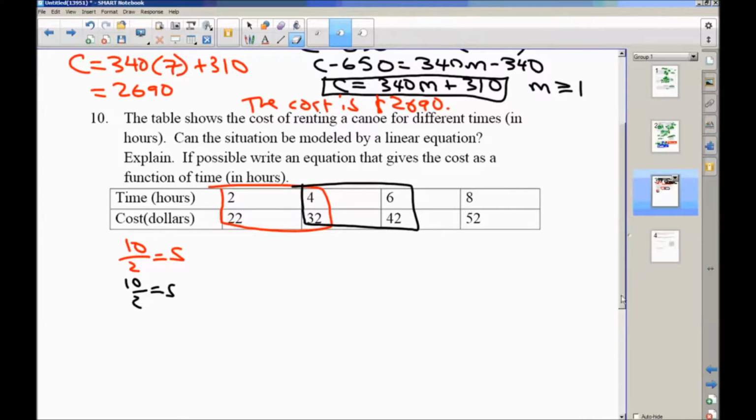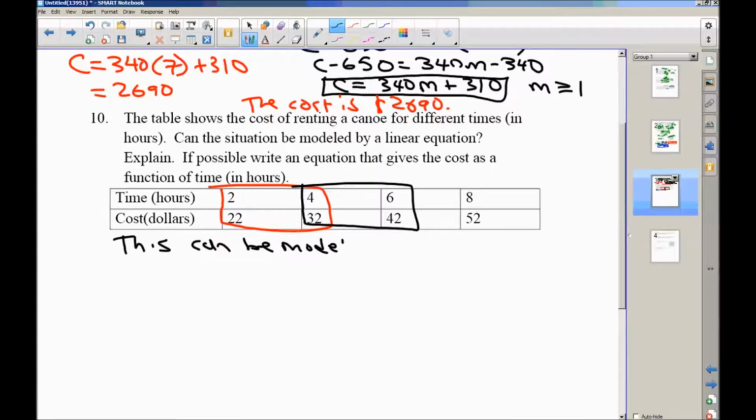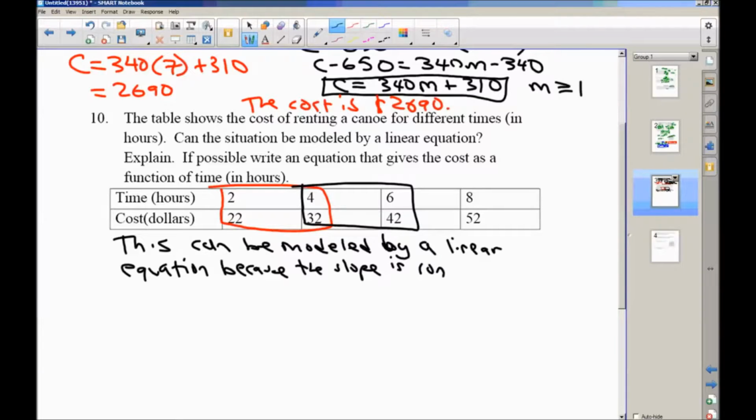So this can be modeled by a linear equation because the slope is constant between all ordered pairs.